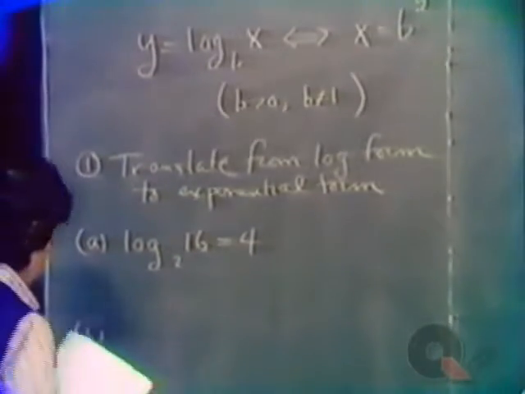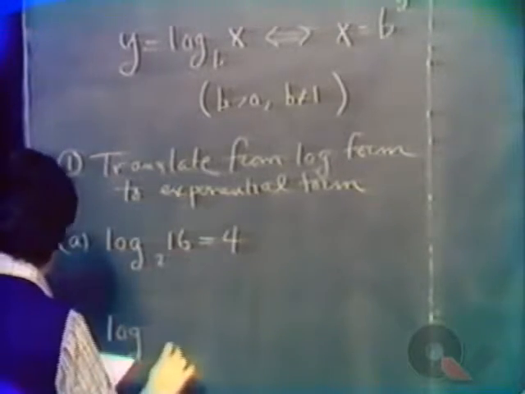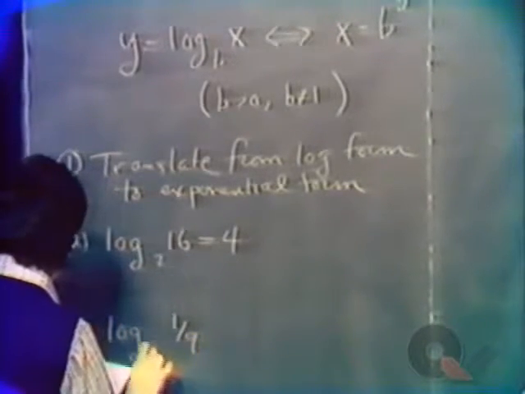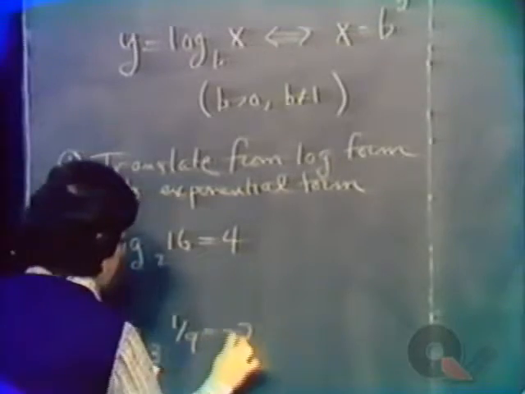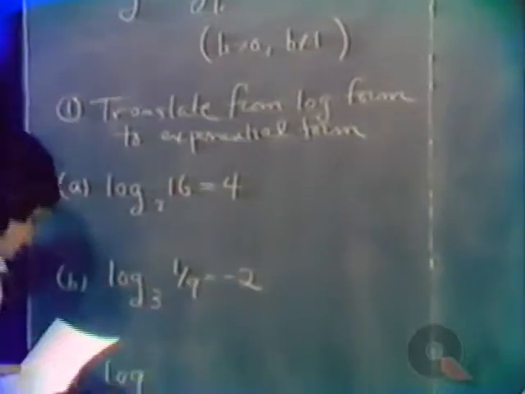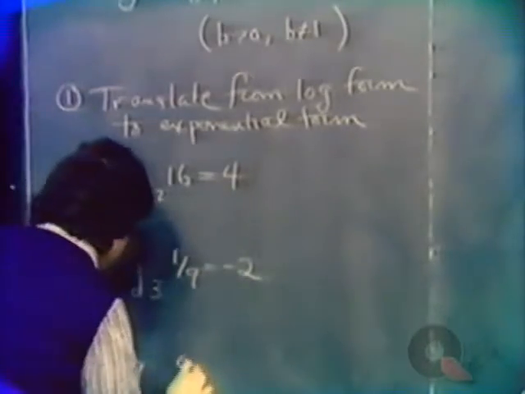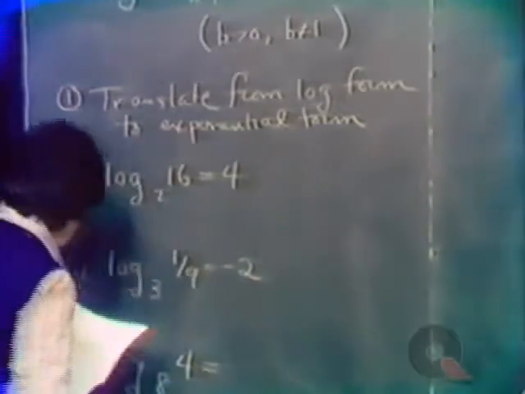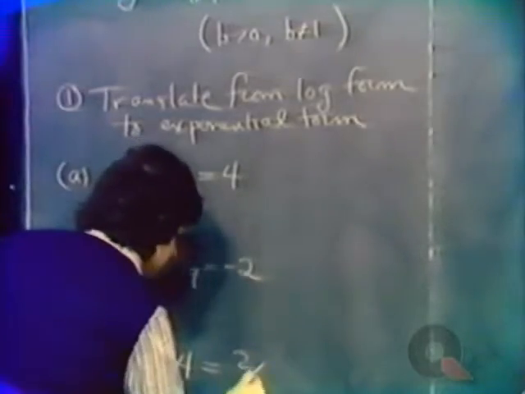Part B, the log of 1/9 to the base 3 is minus 2. And in part C, the log of 4 to the base 8 is 2/3.